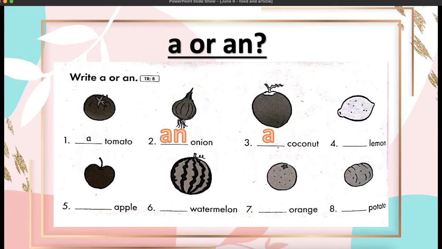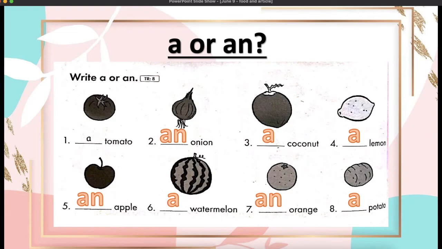Number four, lemon. A lemon. Number five, apple. An apple. Number six, watermelon. A watermelon. Number seven, orange. An orange. And number eight, potato. A potato. All right. So good job.